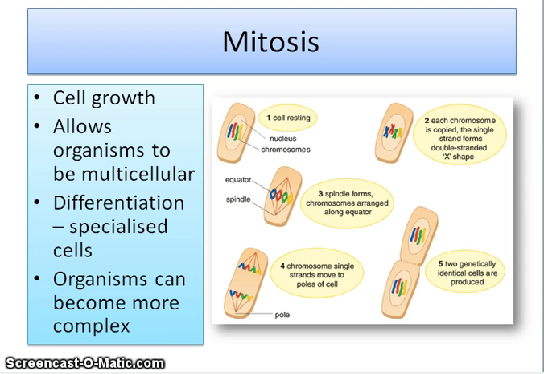Before a cell divides, its genetic material has to be copied so that each cell has a complete set of genetic material because it has to be an identical copy. Each chromosome made of one molecule of DNA is copied. So before a cell divides, each molecule of DNA copies itself, and this is called DNA replication.